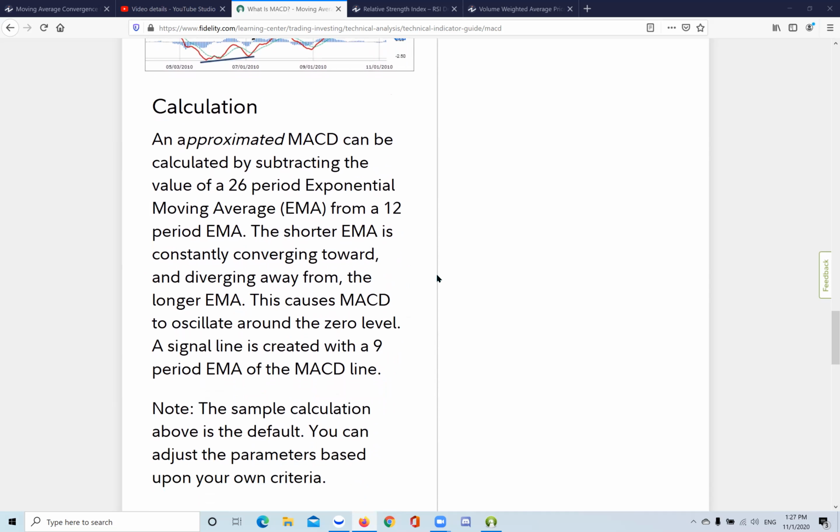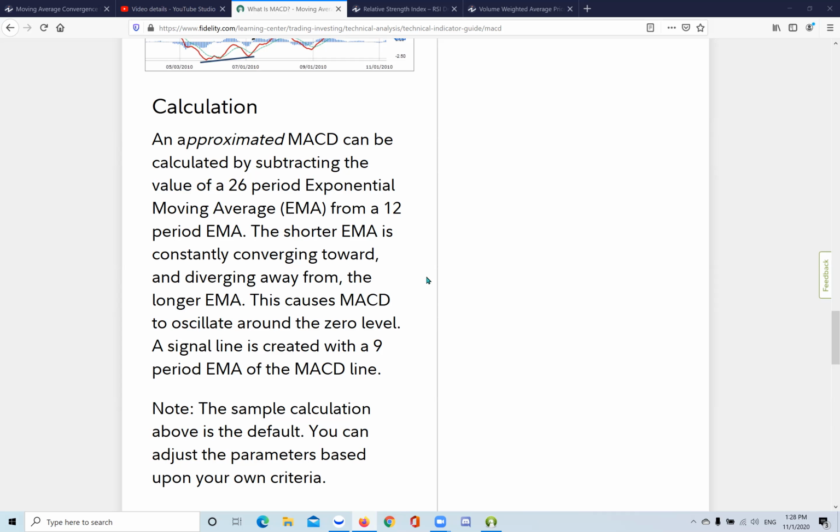Calculation. An approximated MACD can be calculated by subtracting the value of a 26-period exponential moving average (EMA) from a 12-period EMA. The shorter EMA is constantly converging towards and then diverging away from the longer EMA.